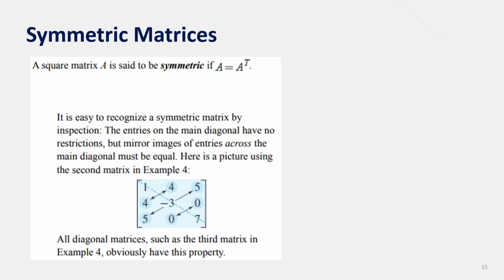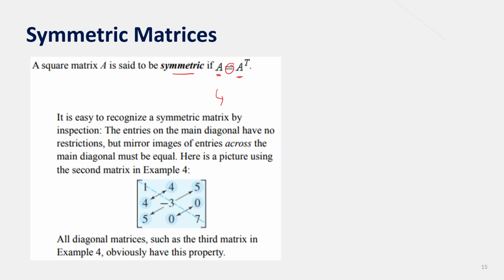Next, we discuss the symmetric matrix, which is a matrix that is equal to its transpose. So when you transpose a symmetric matrix, it doesn't change anything, it's still the same values.